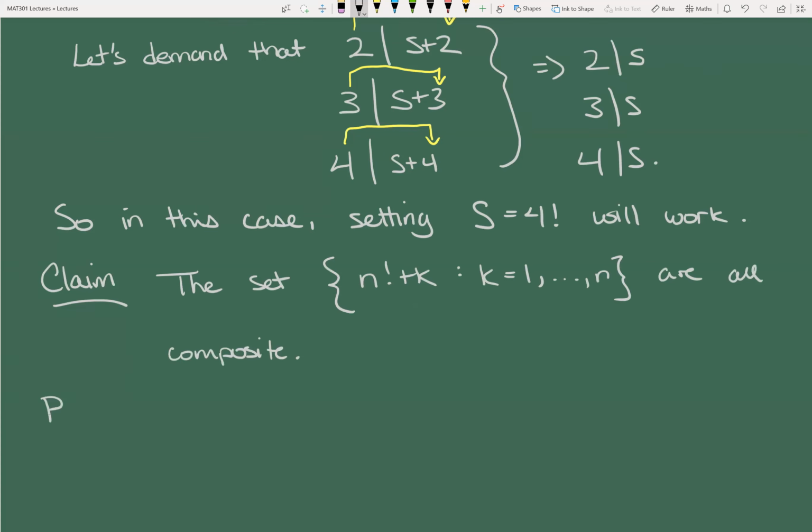Right, and the proof of that: fix some n factorial plus k, where k is in 1 through n.